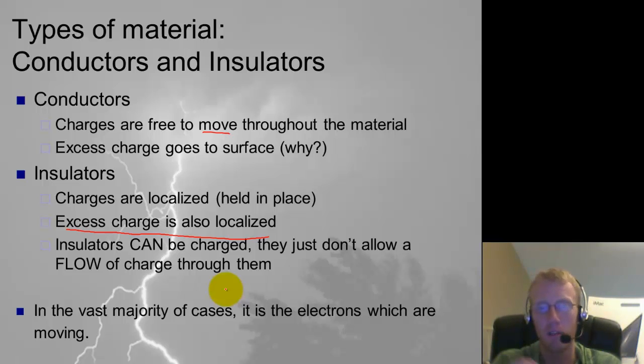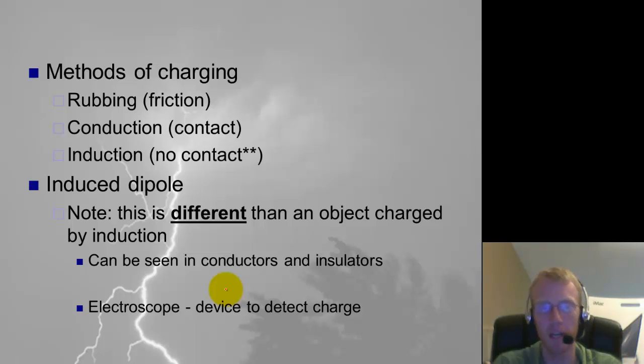You probably learned in chemistry class you can have valence electrons that can be ionized and taken off, or they can be shared among different molecules. So in this case it's the electrons that are moving around, not the protons. Not in all cases, but in most cases with electric circuits and that kind of stuff, it's the electrons that are moving. Okay, there are three ways that you can charge an object.